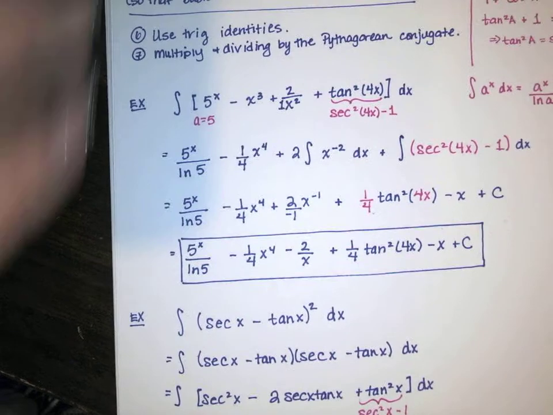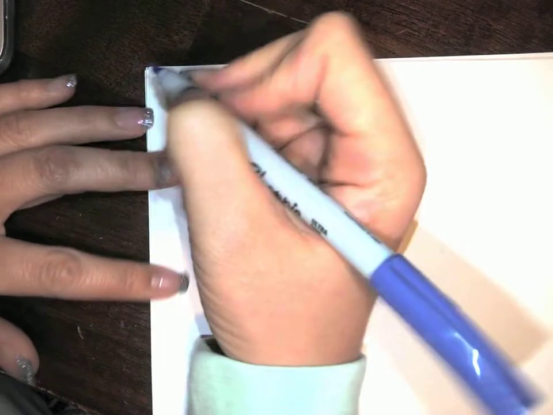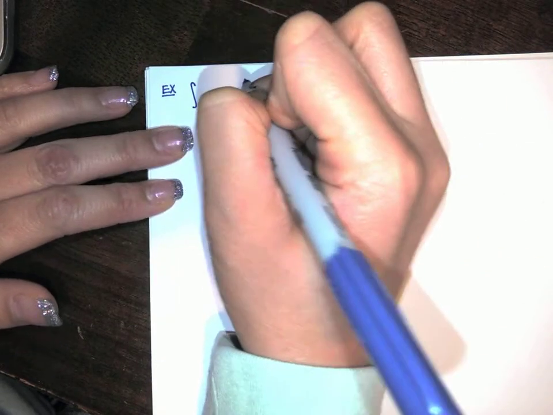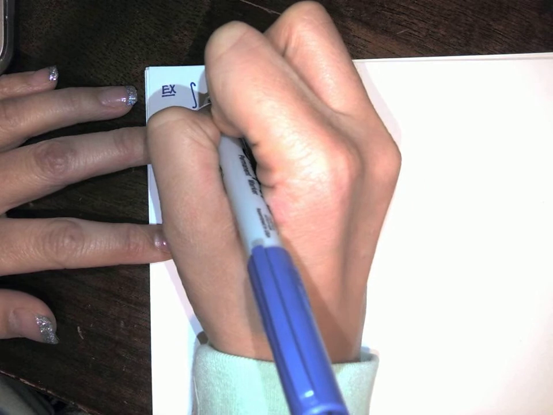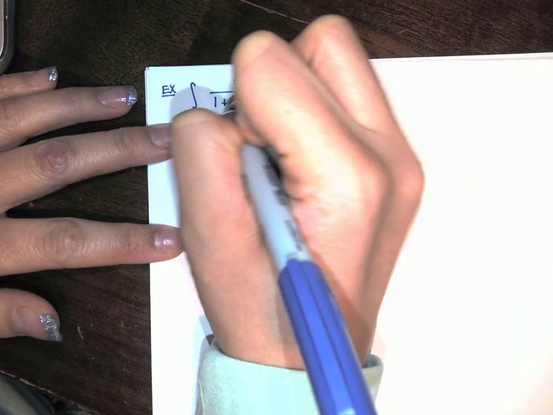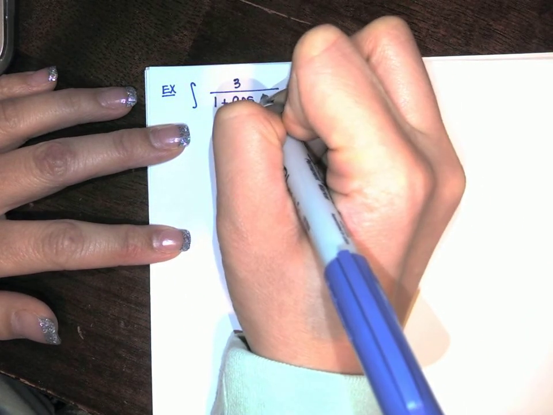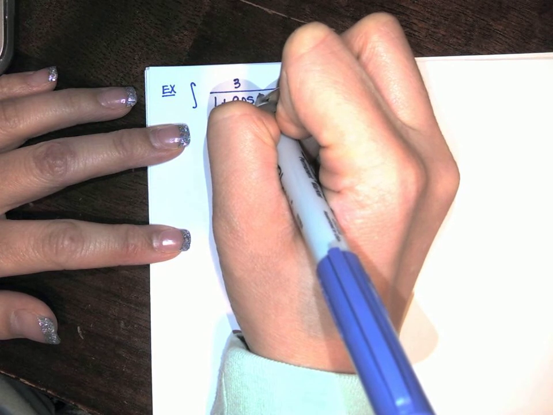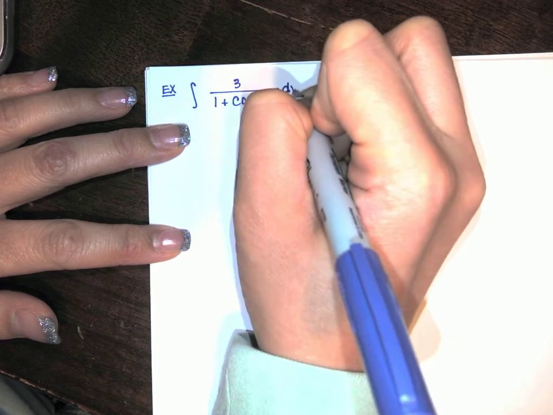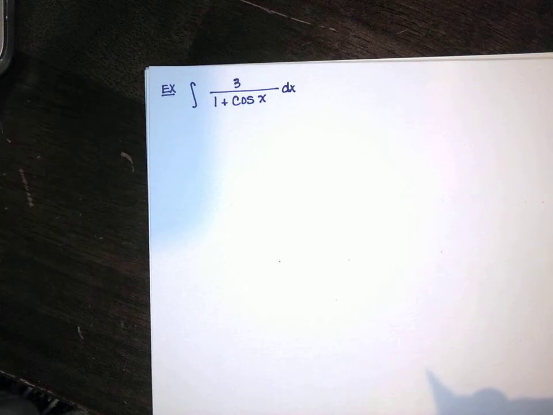Okay. Now let's talk about multiplying and dividing by the conjugate. Now I tend to use multiplying and dividing by the conjugate when I see something that looks like this. I'm just going to use x instead of a constant times x.